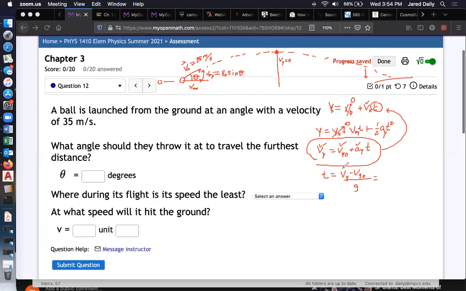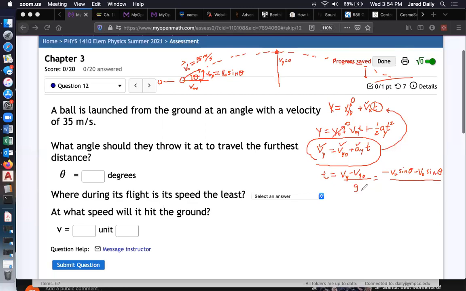The final velocity in the y direction is this one up here, which is going to be negative v naught sine theta. And then for this one over here, if I subtract the initial one, which is plus v naught sine theta, I subtract v naught sine theta again. And that's all over g.